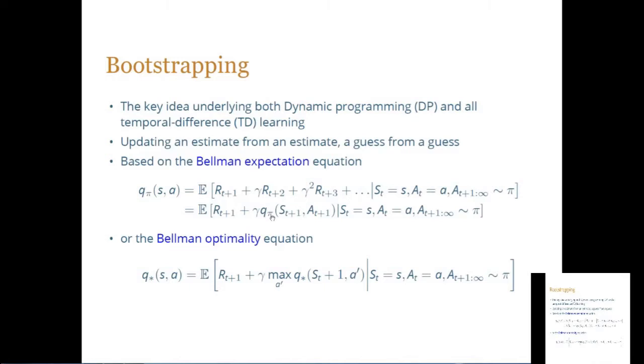In the case of using just the next step, we talk about TD0, but we can generalize this to a more general setting. So this is the case for the Bellman expectation equation. We just replace our estimate by the next prediction. But we can do the same with the optimality.